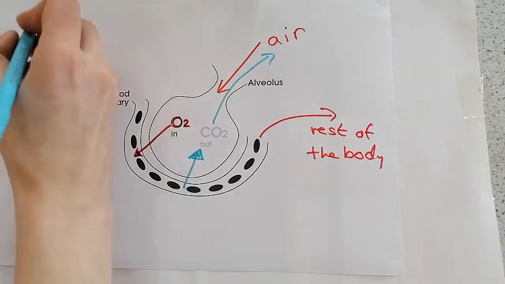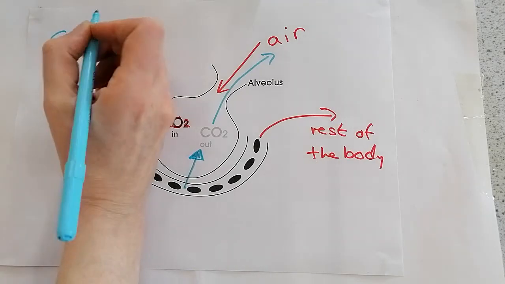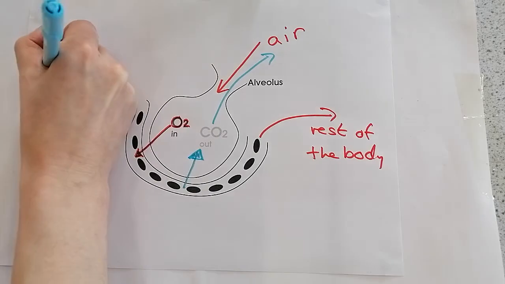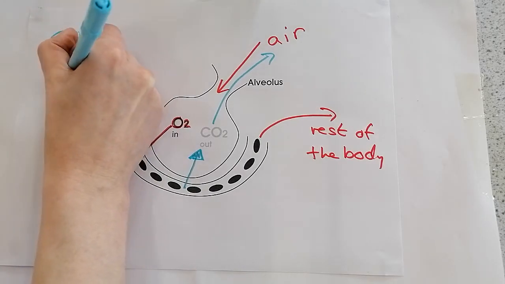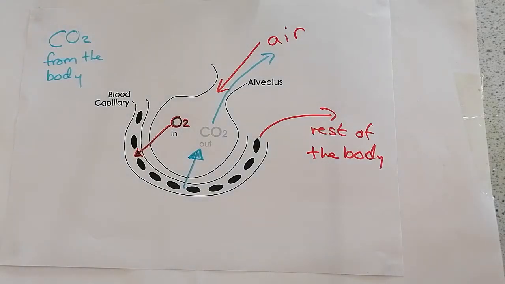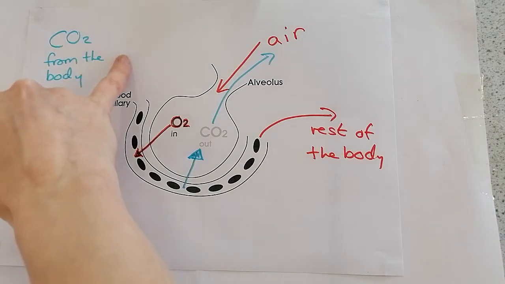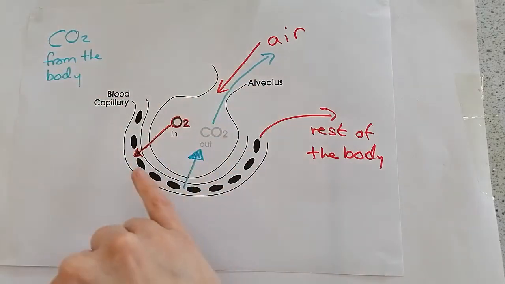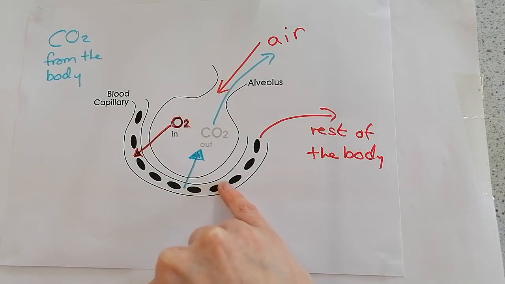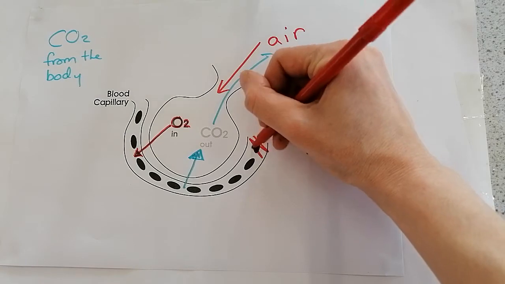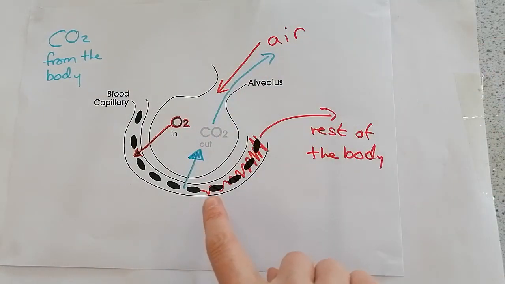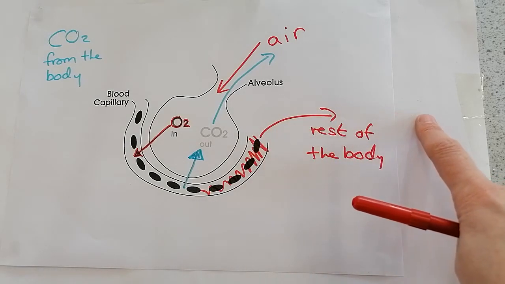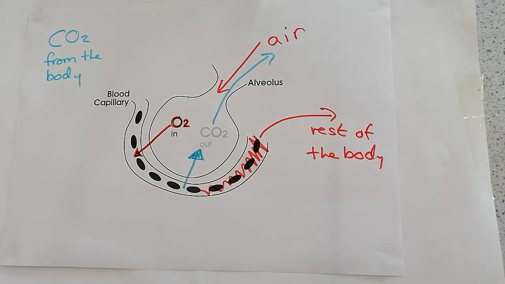So we have carbon dioxide rich blood, so loads of carbon dioxide is coming from the body, and all of that carbon dioxide has been released due to respiration when we make energy. Carbon dioxide rich blood travels past the alveolus and it exchanges carbon dioxide and oxygen. And when it's got loads of oxygen in it, so this would be bright red, all of that oxygenated blood goes through first to the heart and then the rest of the body on our circulatory system.